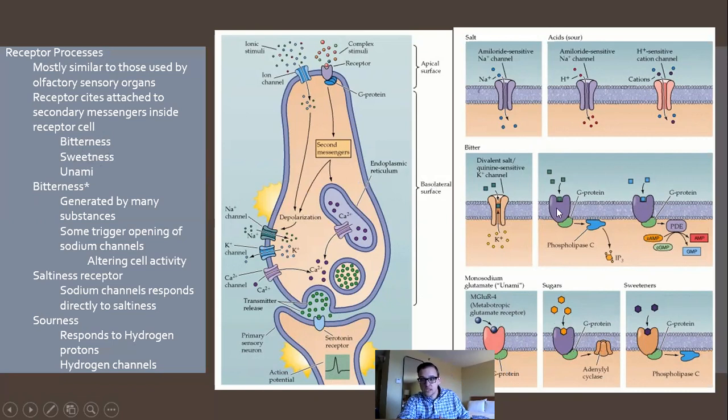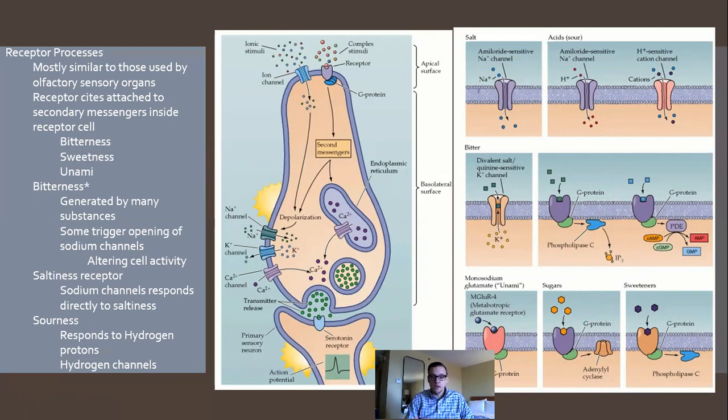You'll notice that bitterness is here and here. So this right here is that process I was just talking about. Signal protein embedded in the wall of the microvilli. A chemical comes along, attaches to the right receptor, triggers the release of the G protein, triggering a similar process, ultimately opening sodium channels and triggering a potential.